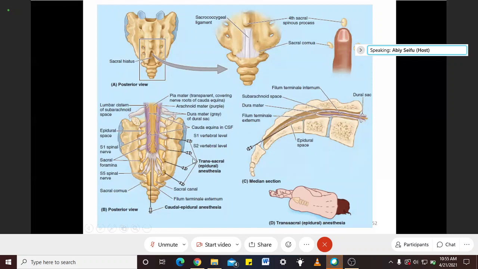Transsacral epidural and caudal epidural anesthesia are applicable through the sacral hiatus and posterior sacral foramina. But whether it is administered at the posterior sacral foramen or at the sacral hiatus, it is epidural, meaning the anesthesia is delivered external to the dura mater. The epidural anesthesia.